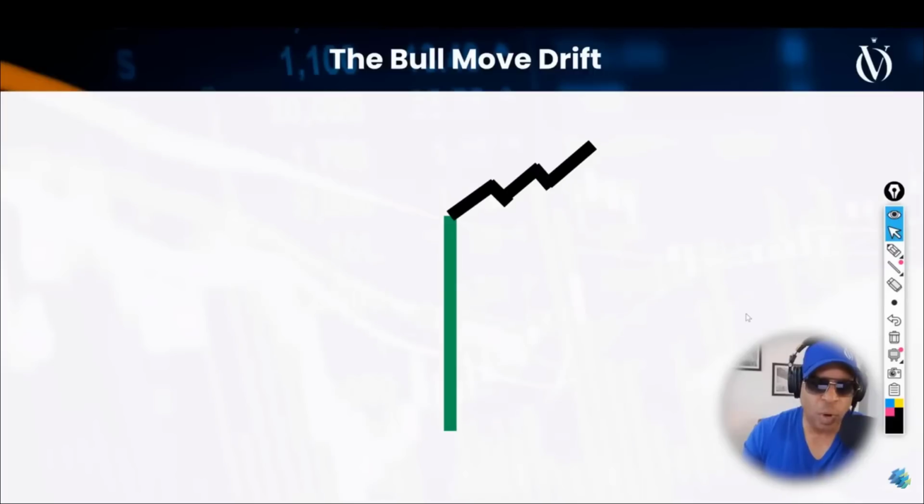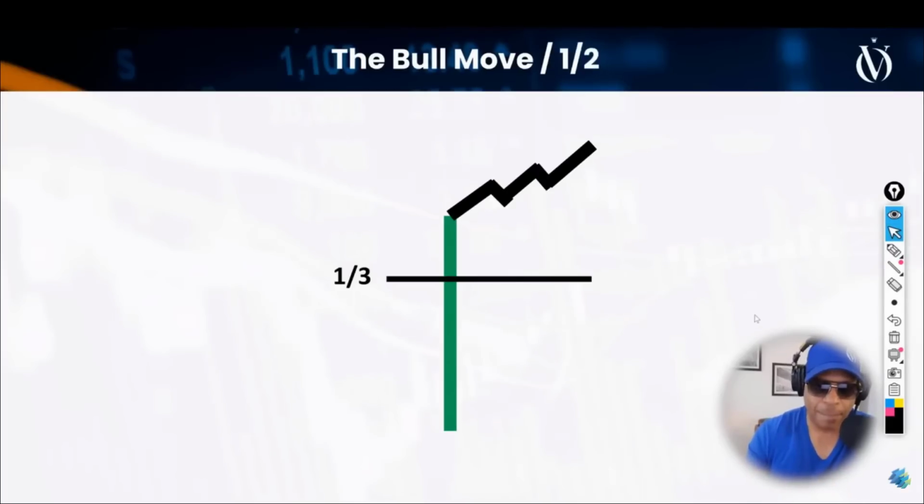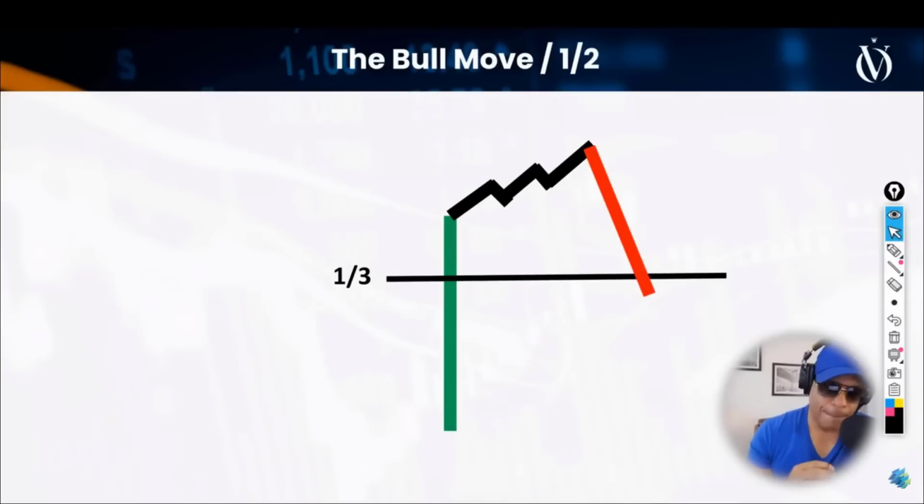So what potentially can happen here is this. Now, this can happen and still be bullish if you don't break back below the top third. So if this drops like this, that's still okay.